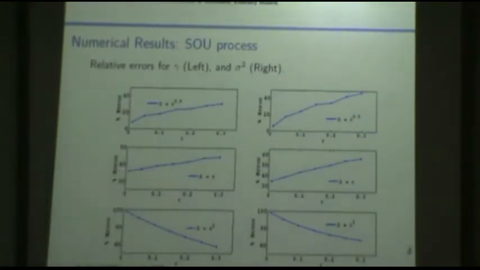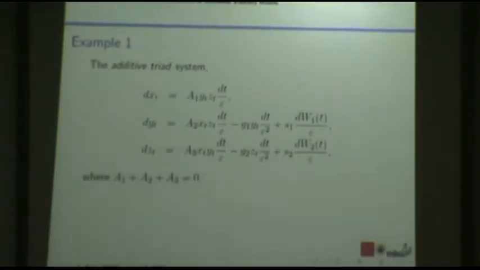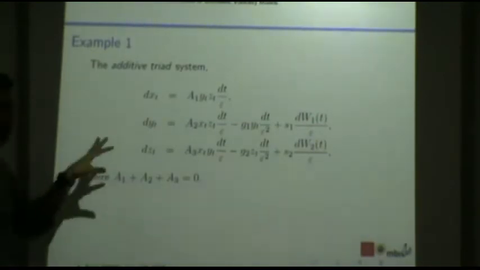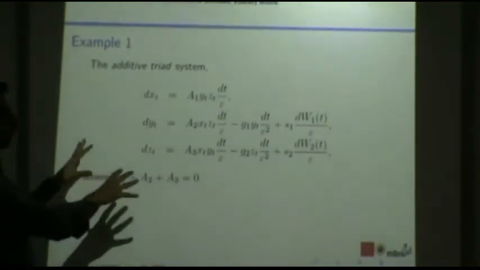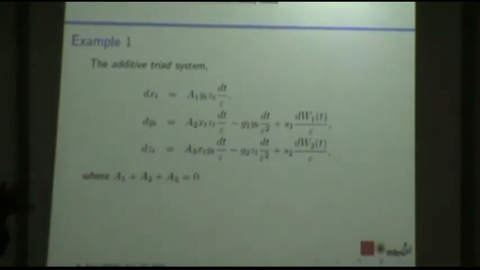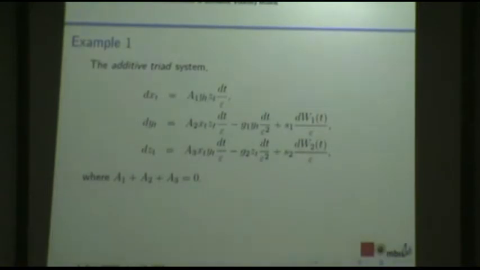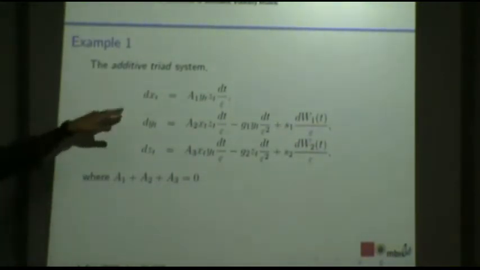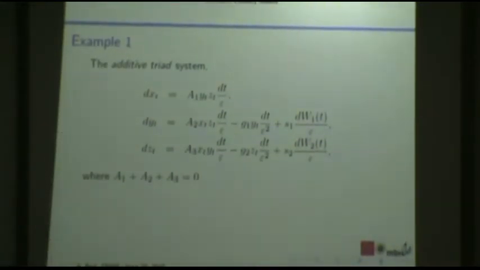So that's the scenario. Problems of this class are what motivated us to consider this study. I'm not going to go through the details because I really want to get to the stochastic volatility model. But here, what you see is a multi-scale system.